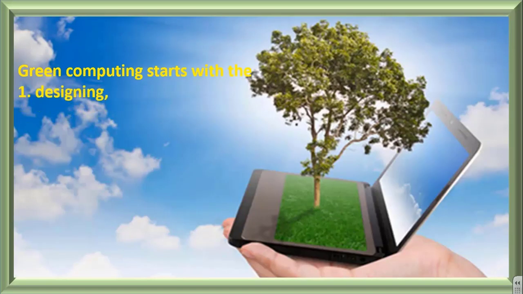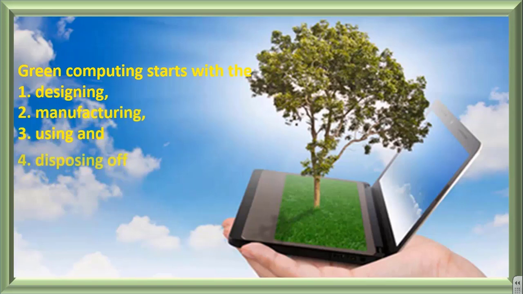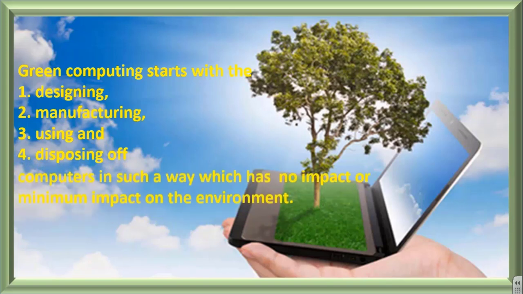So green computing starts with the designing of the product, with the manufacturing of the product, with the using of the product, and with the disposing of the product. Green computing starts with designing, manufacturing, using, disposing of computers in such a way which has no impact or minimum impact on the environment.